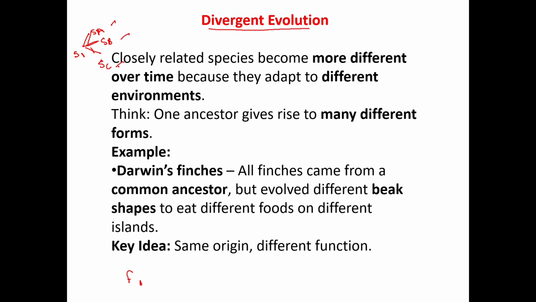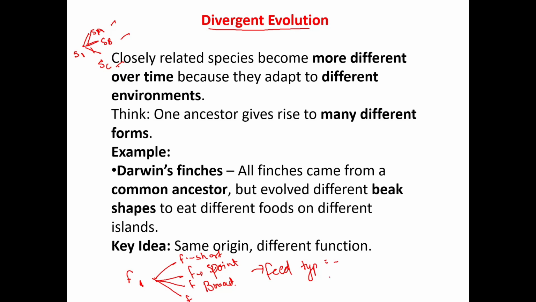From one common ancestor of the finches, they became different varieties of species. Some finches have shorter beaks, some have very pointed beaks, some very broad, based on the food type.